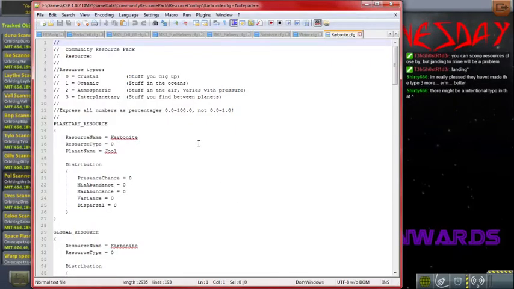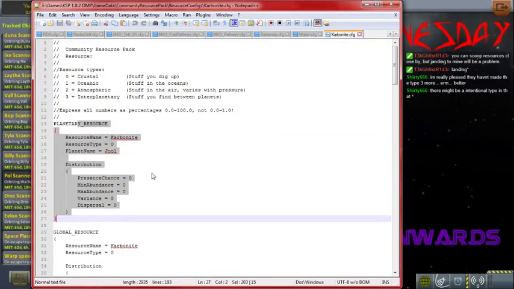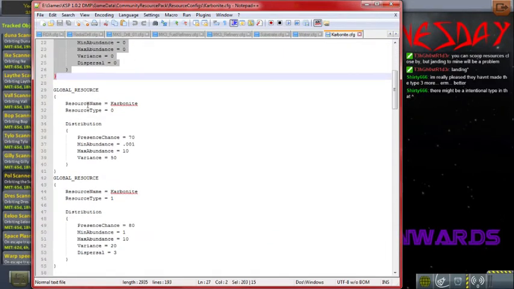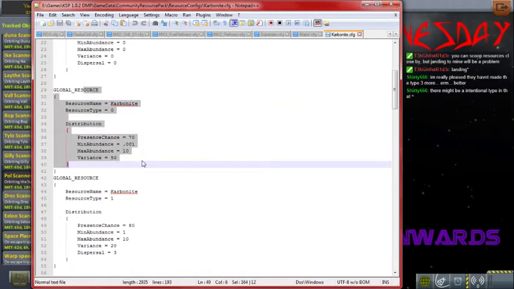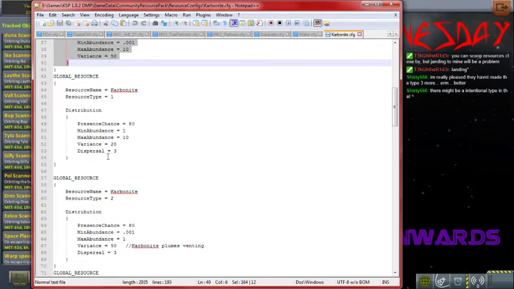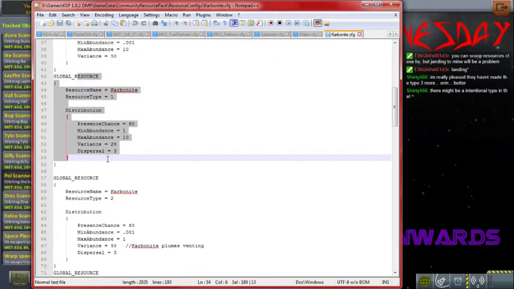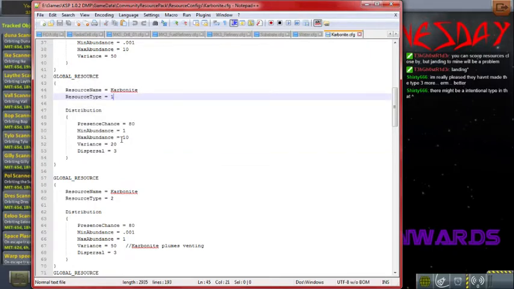Carbonite? Maybe? Again, exclusion definition for dual. Global definition, which kind of is starting to look very familiar. A second global definition for carbonite to be in oceans.